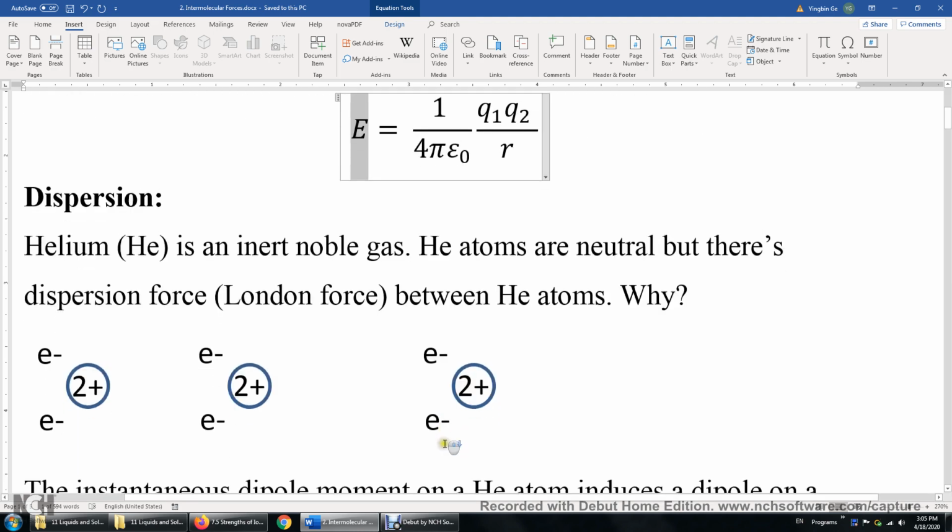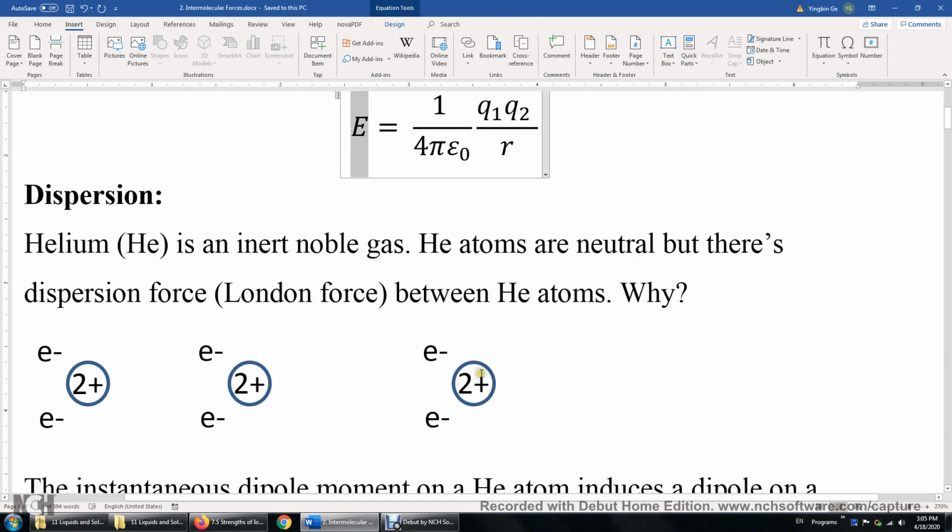So these two electrons are surrounding the nucleus, and they can move almost in random motion, and at a certain moment, these two electrons may happen to appear on the same side of the nucleus like this.